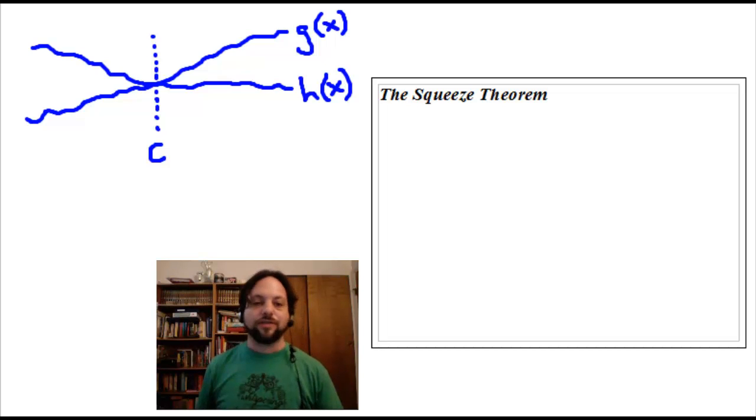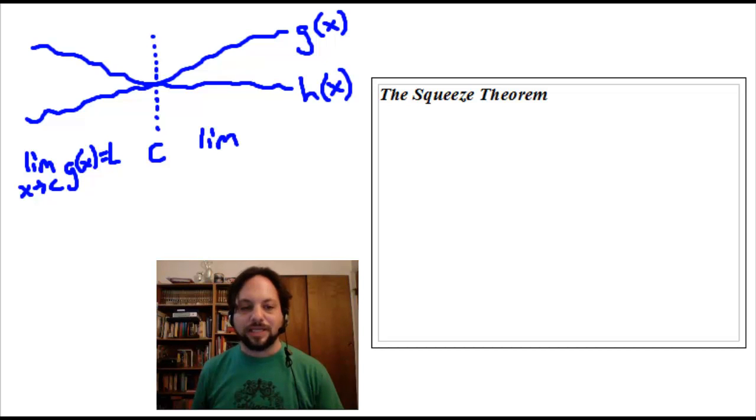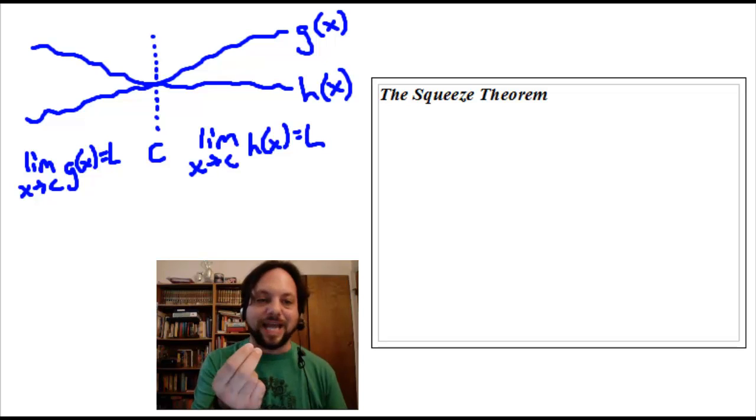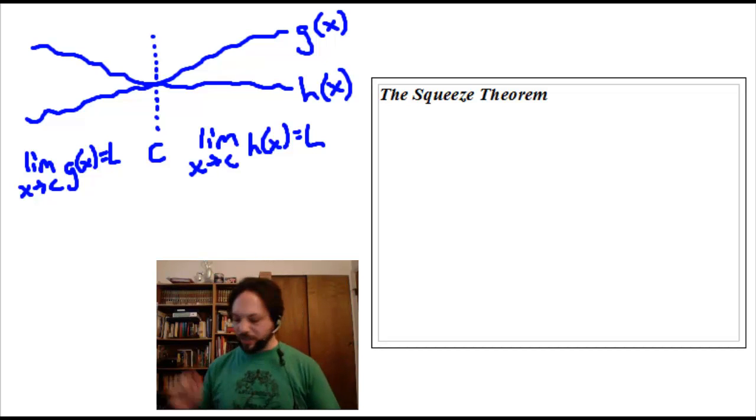I'm going to tell you one other very interesting fact. The limit as x approaches c of g of x, we're going to say is L. Furthermore, we're going to say the limit as x approaches c of h of x also equals L. So in other words, their limits are the same as x approaches c. Now, here we go.